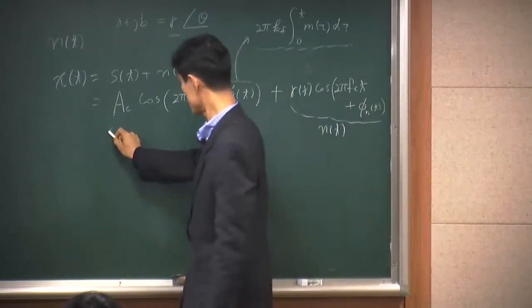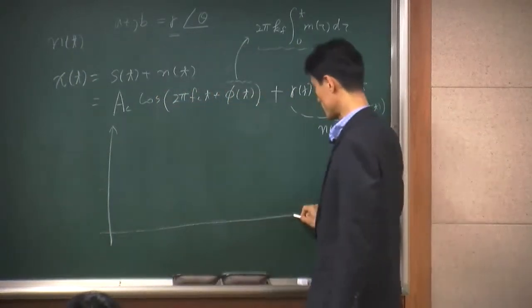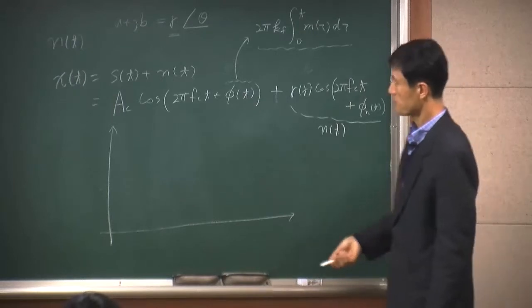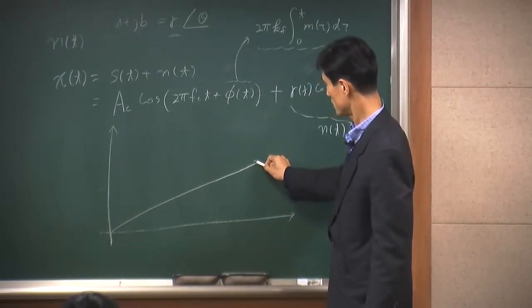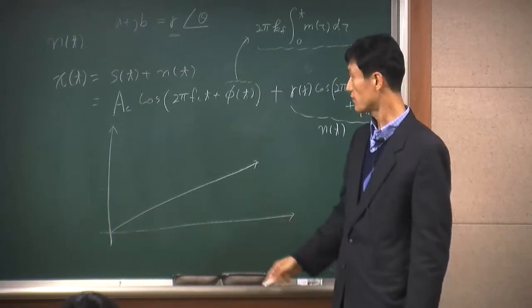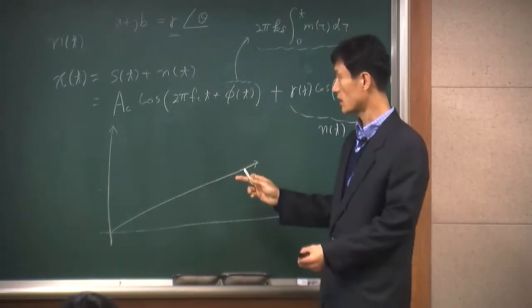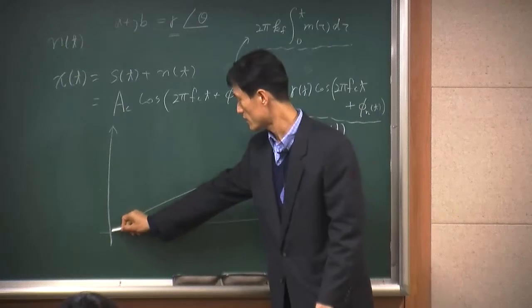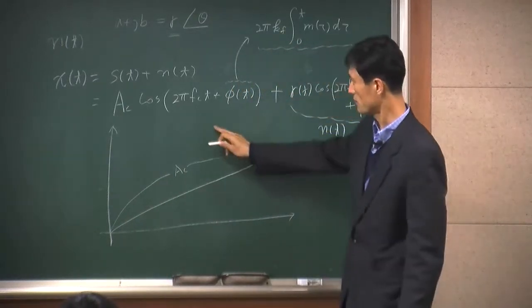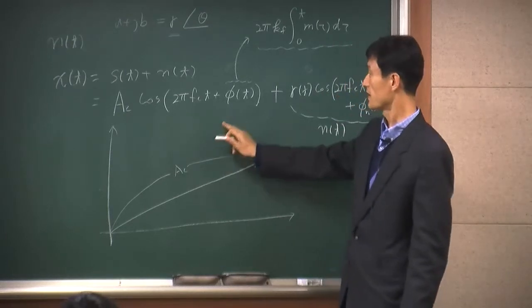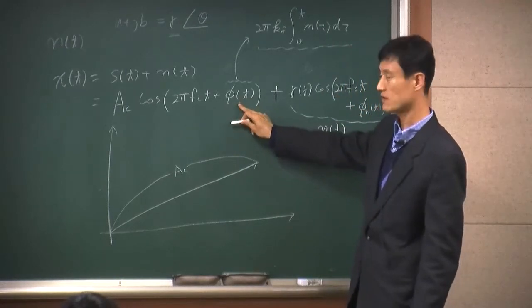So let's draw this vector addition. Let's say this is a vector for the st. Just assume that. Then this length is going to be Ac. I'm basically drawing this first vector, and this vector has a phase of phi t.